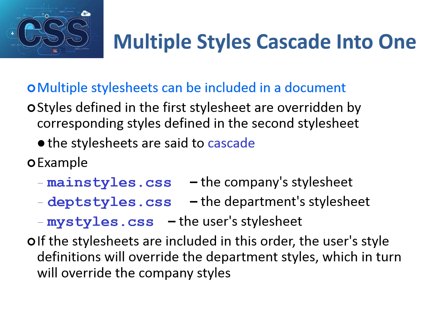If the first one contains a p style definition, it will be overridden by the second sheet, departmentstyles.css. If the third file also contains this p tag, then whatever style definitions are specified for p in mystyles.css will be applied. The most recent one has the higher priority.